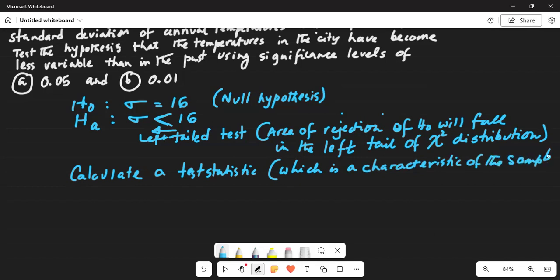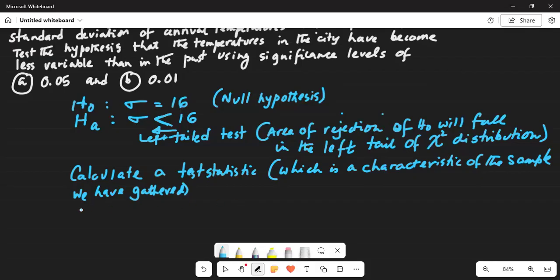Remember, we have looked at the temperature on the 15th of each month for the last 10 years. So basically, the sample is the temperature on the 15th of each month for the last 10 years, whereas the population standard deviation comes from 100 years of data.